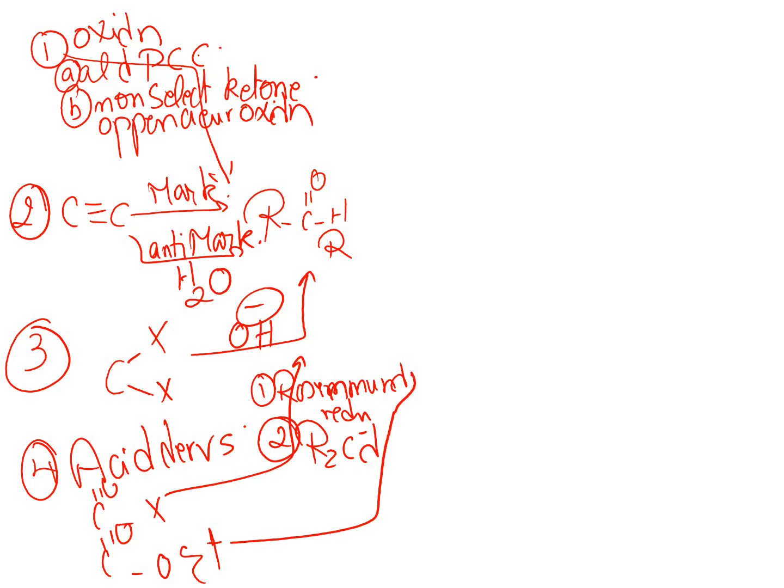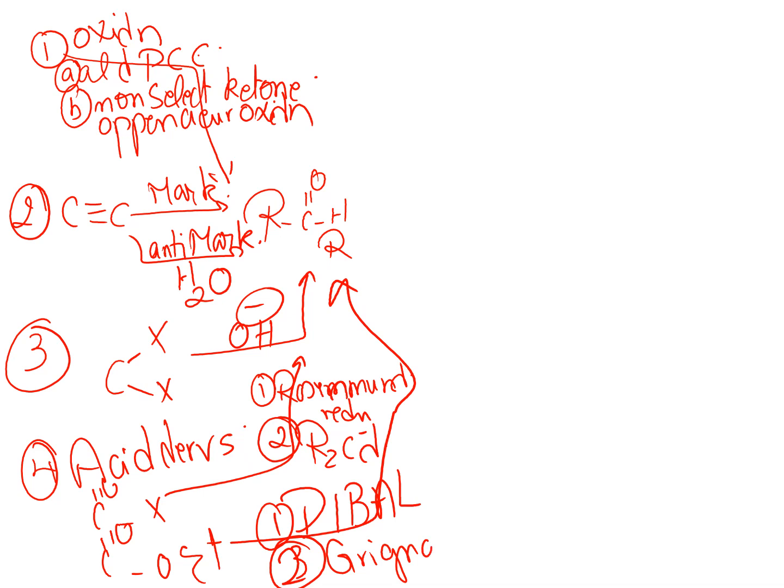In case of esters, we have the DIBAL as a reducing agent, or we have the Grignard as an organometallic compound, but we said that it's not preferable. So these were the methods of synthesis of these compounds, and don't forget the Friedel-Crafts acylation to give the aromatic compounds.